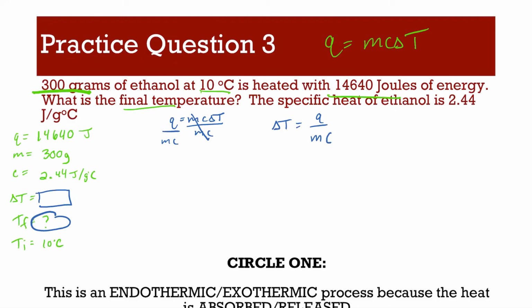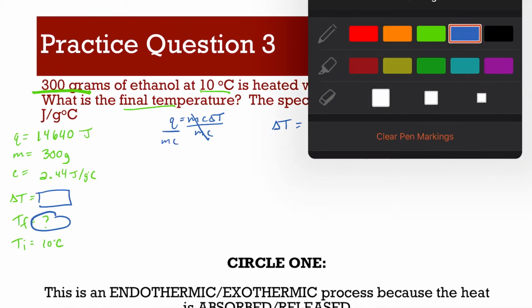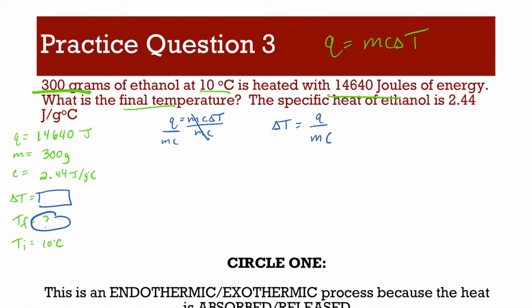And so now we've already manipulated our equation, so we can just plug stuff in. And so with that method, and again, whichever method you like better, delta T equals, our Q is 14640. I'm just going to ignore my units now just so it doesn't get too messy. Our mass is 300, and our specific heat is 2.44.